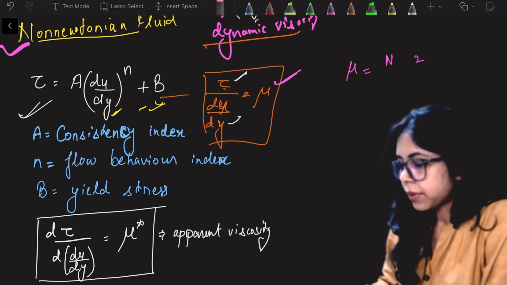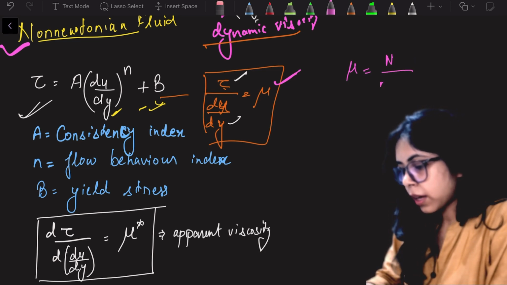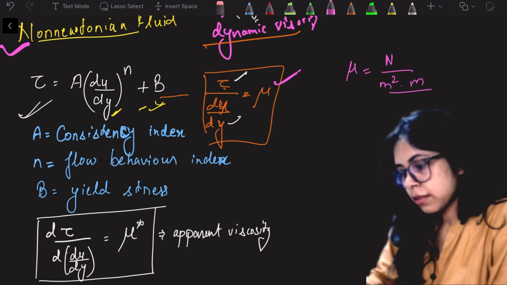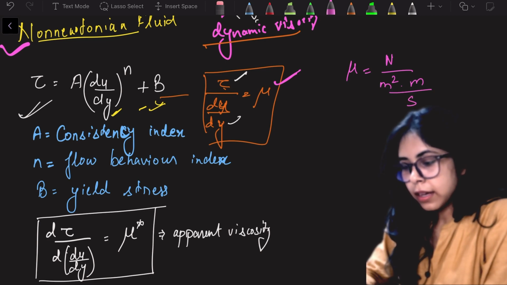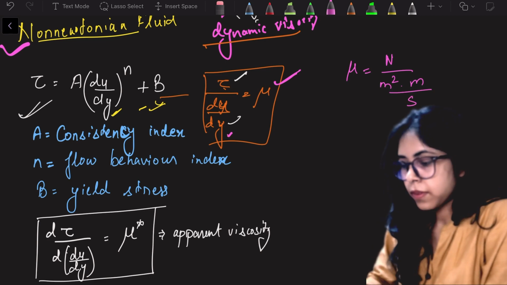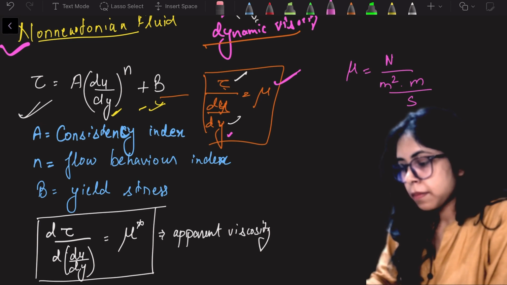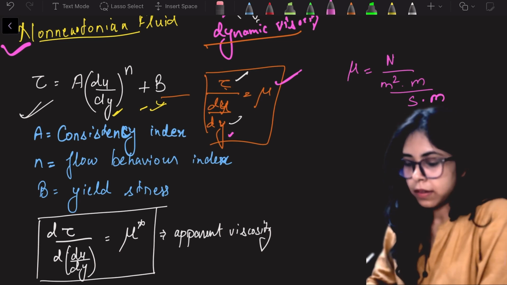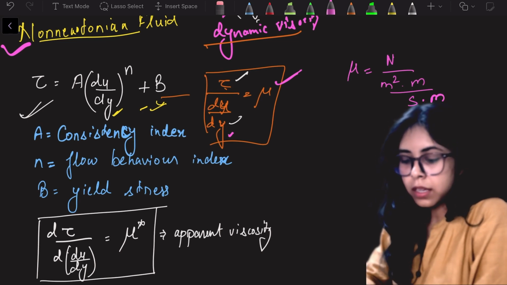I'll write it something like this, Newton per meter square. What is velocity? Velocity is meter per second, right? And there is dy also. So meter per second is velocity, and we have another meter here for the distance.